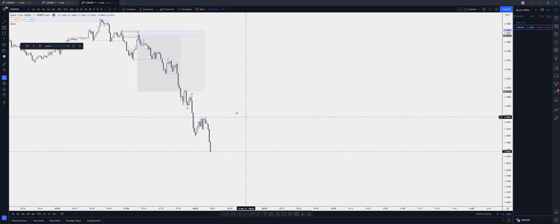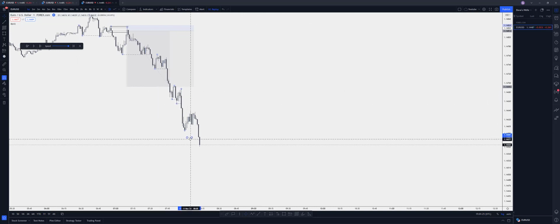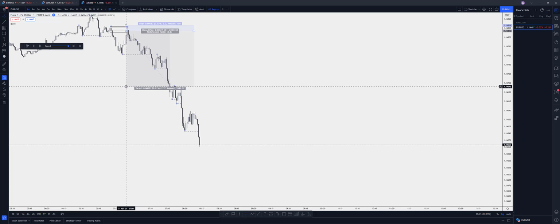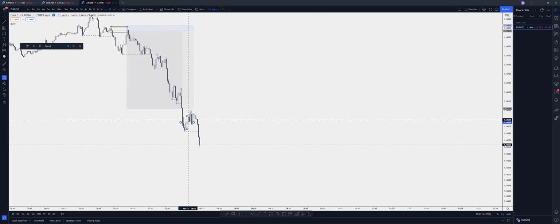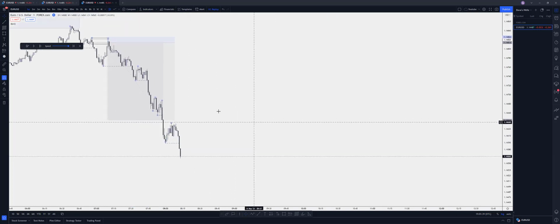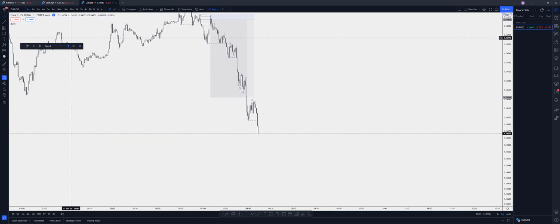Let's see if we can lock in anything else. And we do. Amazing. When price is like this, it's really nice when you're in a trade. You can just keep going. Lock above that high. Okay, so that's locked in 14.17 so far.